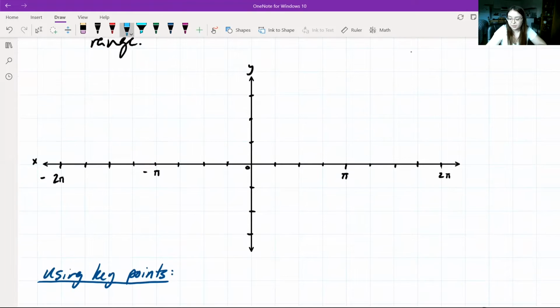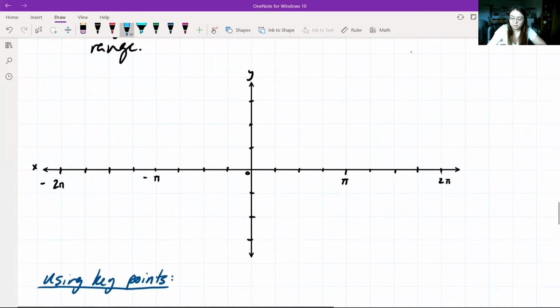So we have points 0, 3. So if we go ahead, label our graph a little bit, 1, 2, 3, -1, -2, -3. We also have our -2 pi, -pi, pi, and 2 pi labeled, but let's go ahead and label pi halves and 3 pi halves as well.